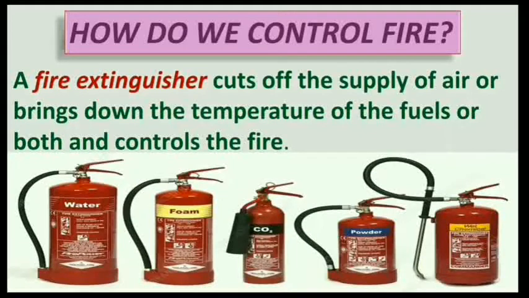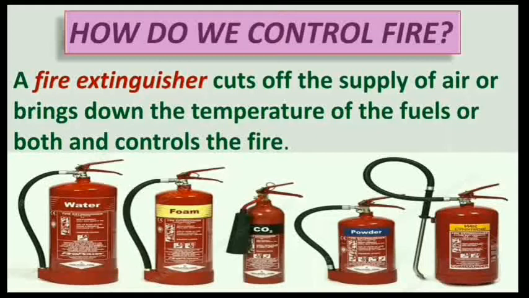There are different types of fire extinguisher: water fire extinguisher, foam fire extinguisher, carbon dioxide gas fire extinguisher, powder fire extinguisher, wet chemical fire extinguisher. We can see on the label of these different fire extinguisher containers, they have different color bands.